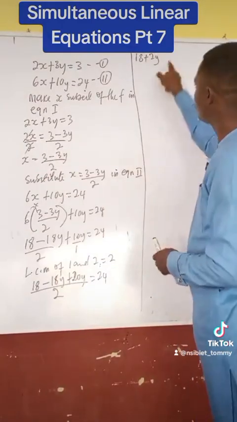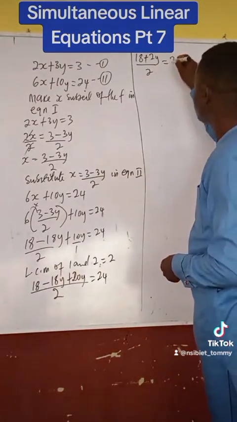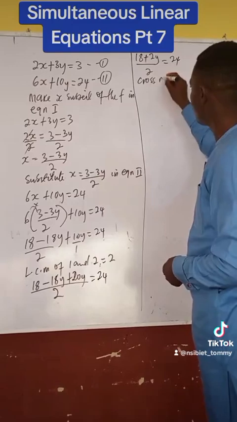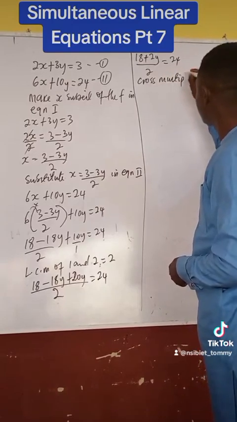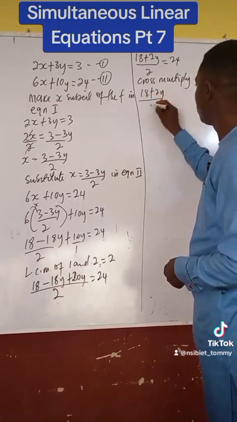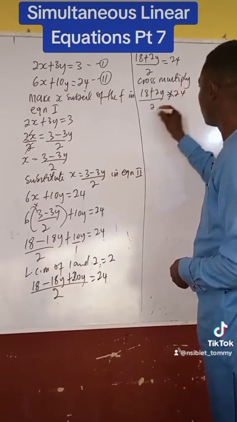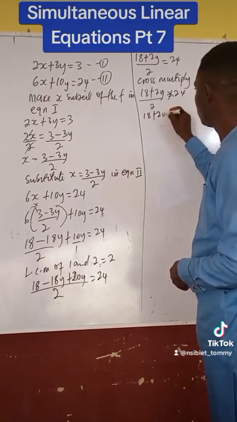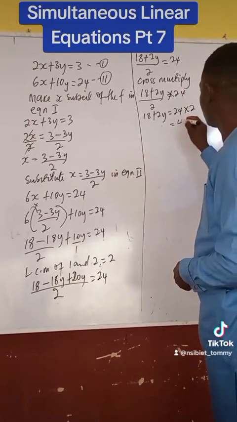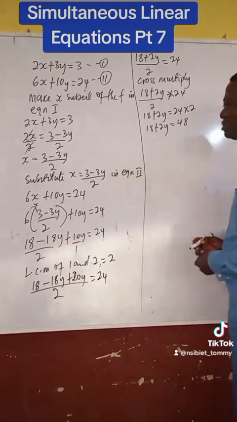Now we have (18 plus 2y) all over 2 equals 24. The next thing is for us to cross multiply. 18 plus 2y now becomes 24 times 2, which is equal to 48. So 18 plus 2y is equal to 48.